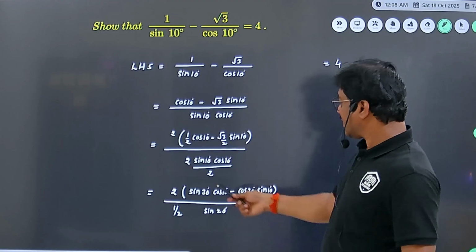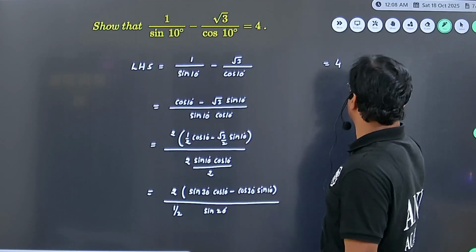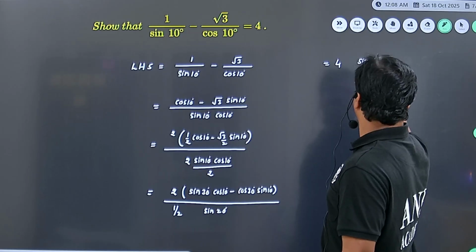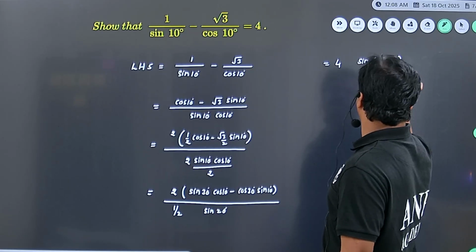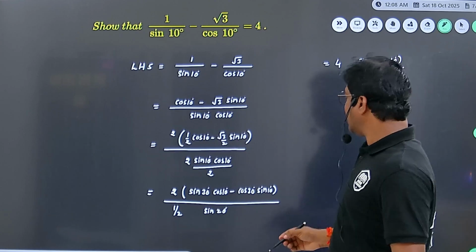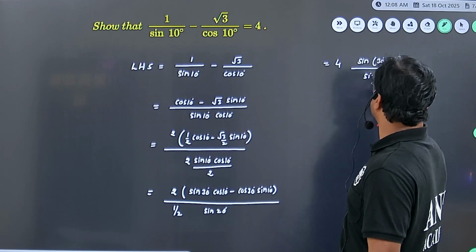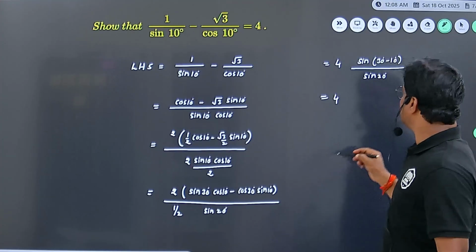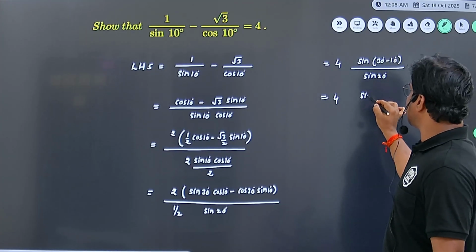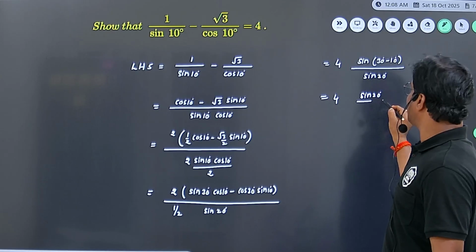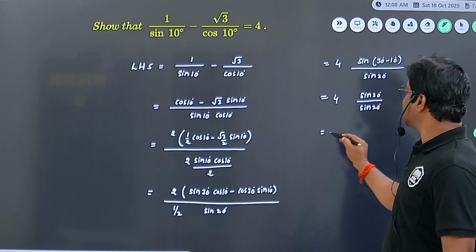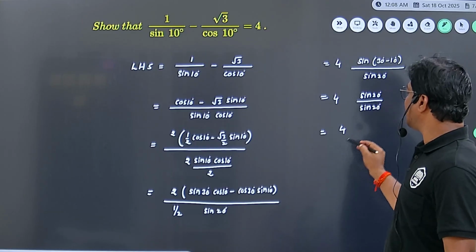Next, sin A cos B minus cos A sin B is the value of sine of A minus B. In the denominator part you have sine 20 degrees. So that is 4 into sine 20 degrees divided by sine 20 degrees. 20 degrees cancel, you will get 4.